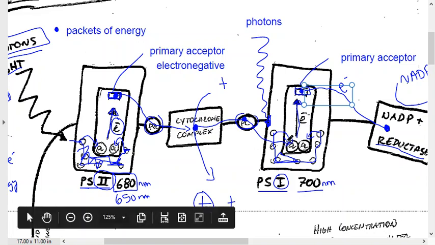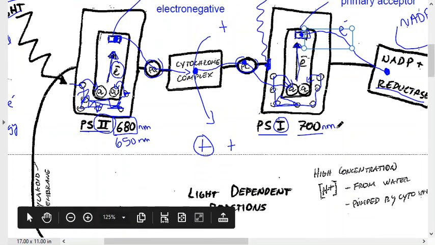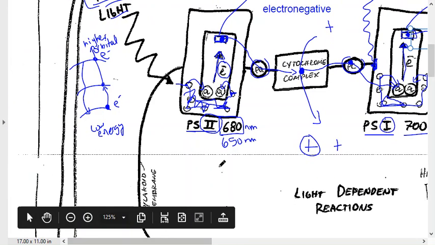So the hole is filled in photosystem 1 using the electron that traveled to it from photosystem 2. But the hole that was in photosystem 2 is still there. So where is that new electron going to come from? Because all we've done at this point is pass around electrons to make NADPH.